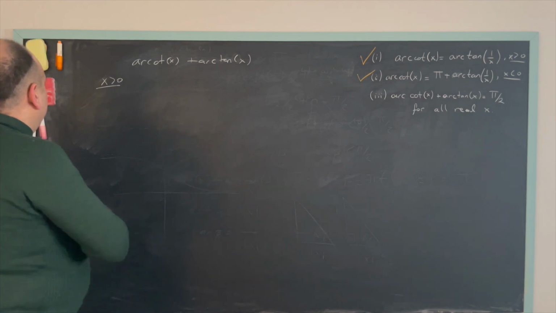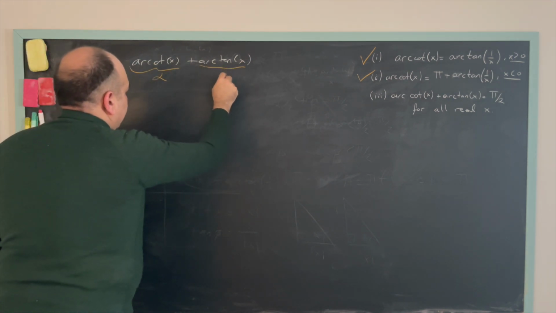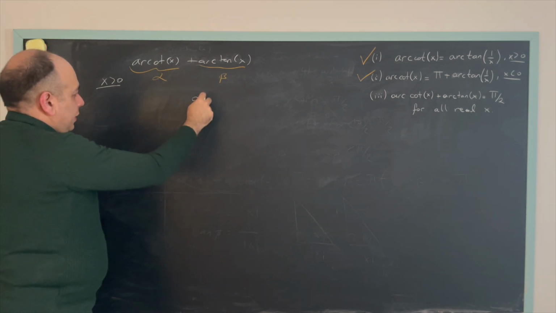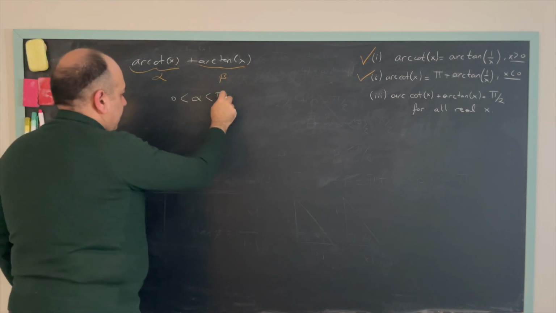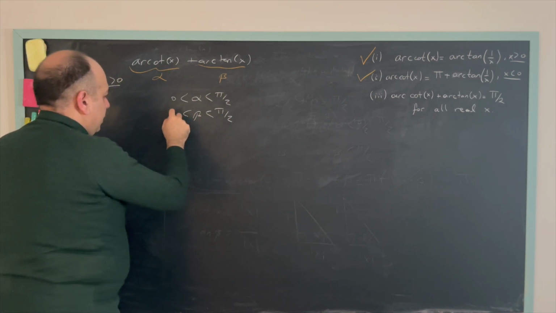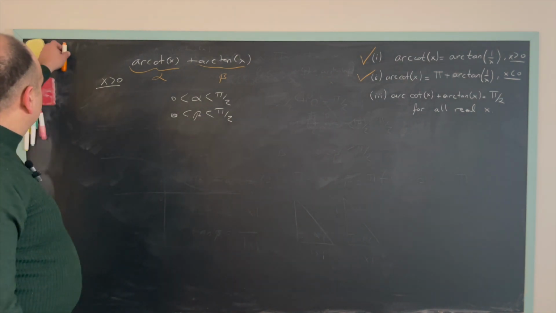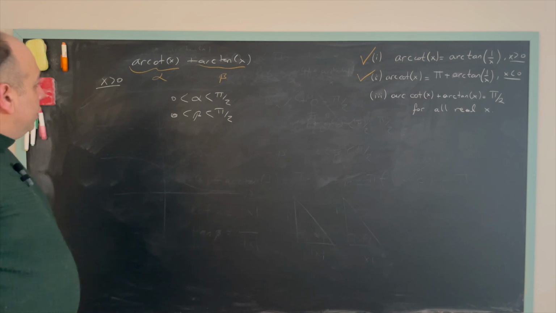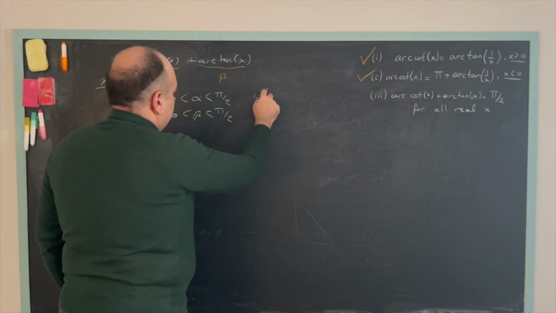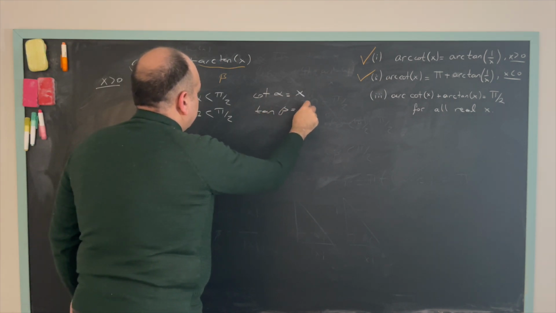If this is the case, we can call this an angle alpha, and this is beta. As we have discussed before, alpha and beta are both in these regions. So now cotangent alpha is equal to x and tangent beta is equal to x.